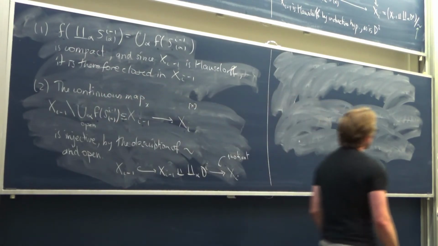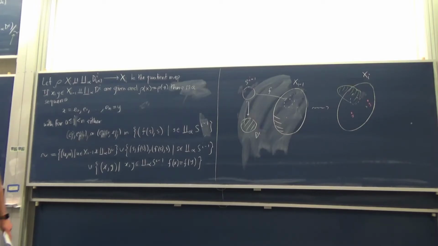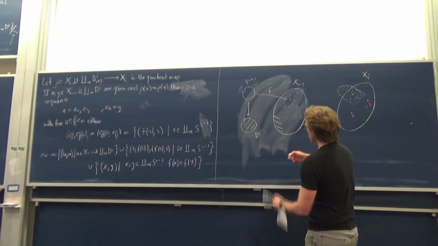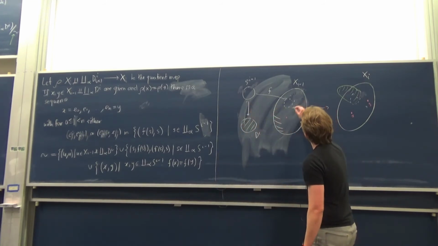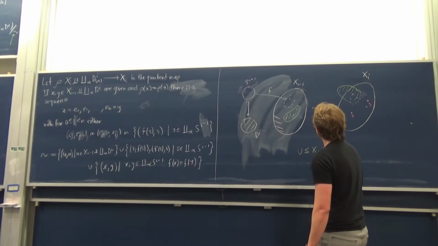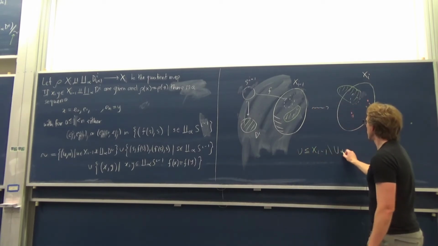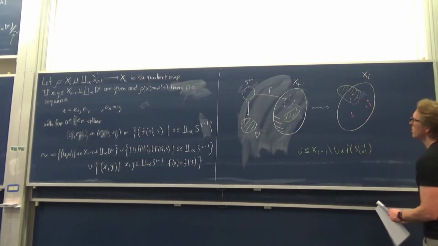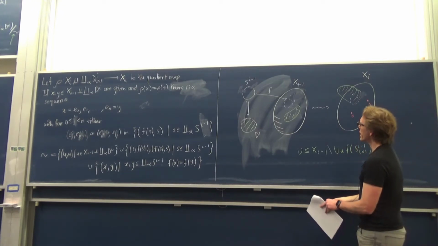Well, let's have a look at our picture. To be saturated, here's an open subset, U of X_{i-1}. Is it saturated?